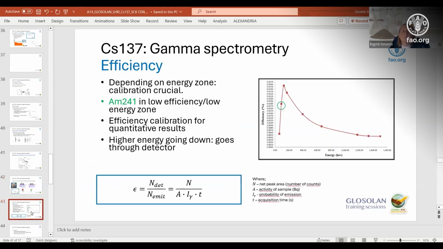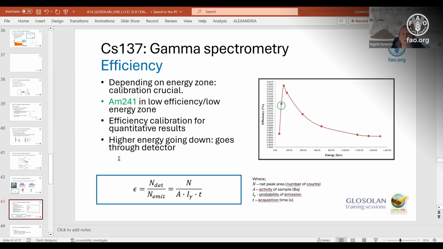Now, I talked already a little bit about calibration and the importance of calibration. I first want to explain a little bit about efficiency. Because with liquid scintillation counting and the strontium 90 measurement, efficiency is not so crucial because it's very high. If you do a calibration, that's fine, it's corrected for. But with gamma spectrometry, there are a lot of differences depending on which nuclide you're measuring, so depending on the energy zone.